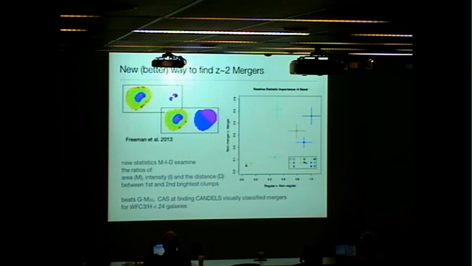And he did a test, using a random forest training algorithm, to see which of these parameters best match the visually classified disturbed galaxies in our CANDELS sample, and found that these 3 statistics actually beat Gini-M20 and CAS in terms of finding things that were mergers versus non-mergers, or finding things that were irregulars versus non-irregulars. So I think these statistics are really quite useful and are going to help us a lot with looking for weird galaxies in the early universe.